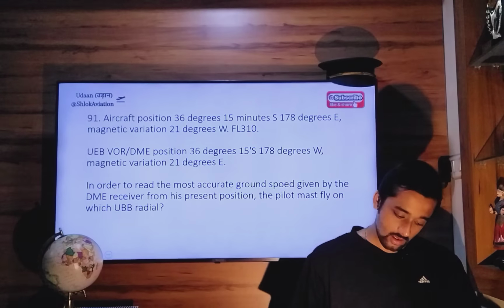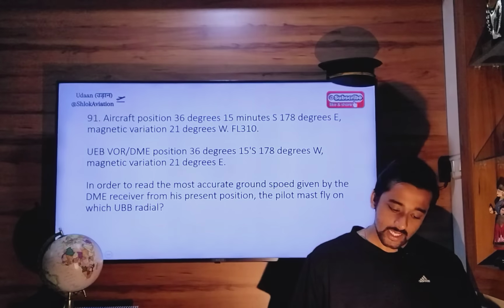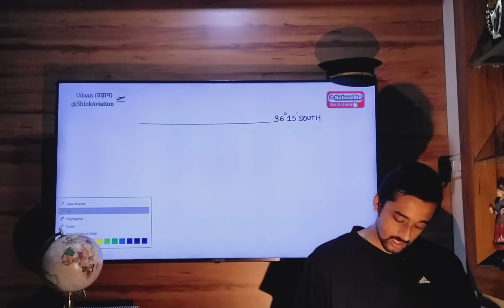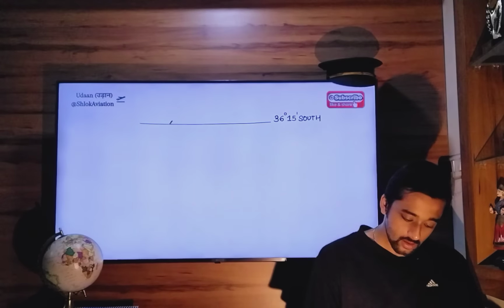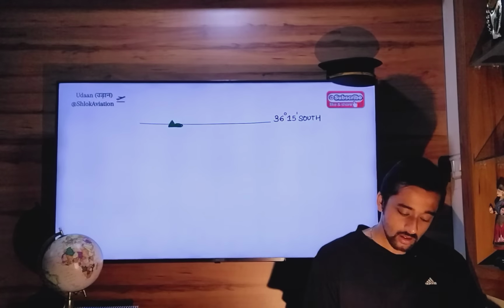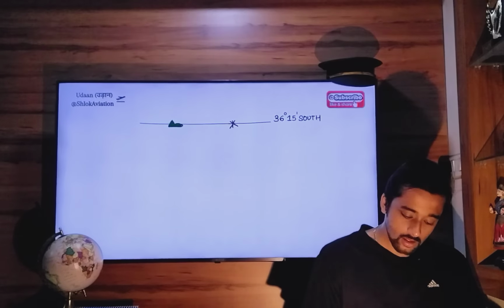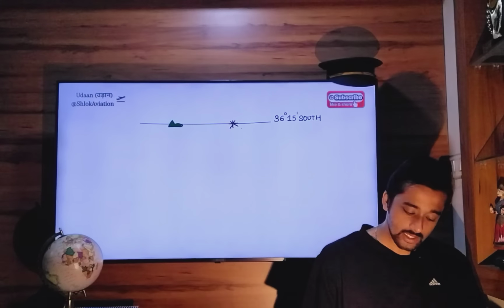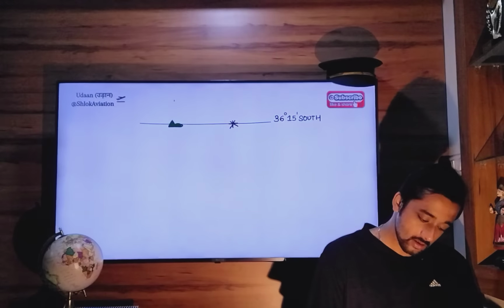Our aircraft is at 178 degrees east. VOR is at this position, 178 degrees west.